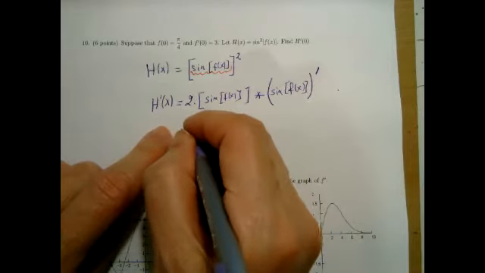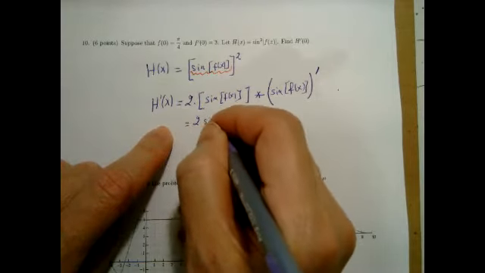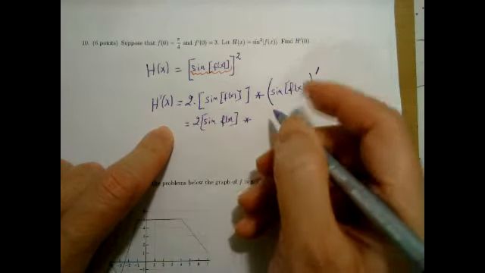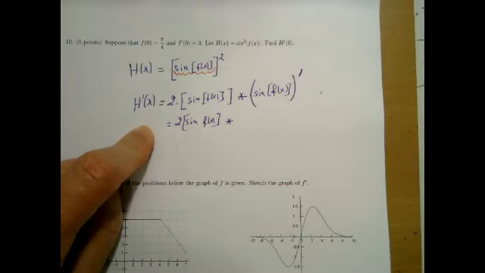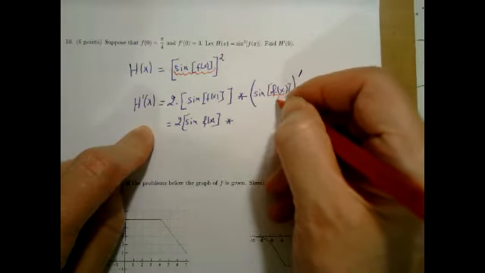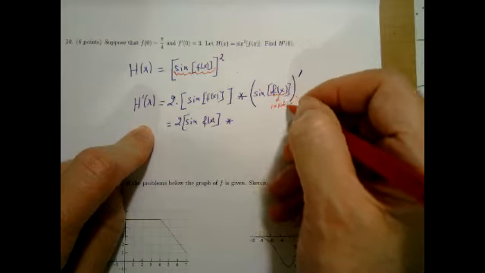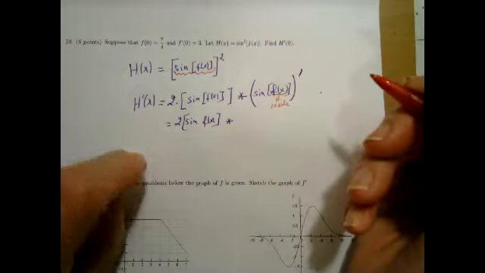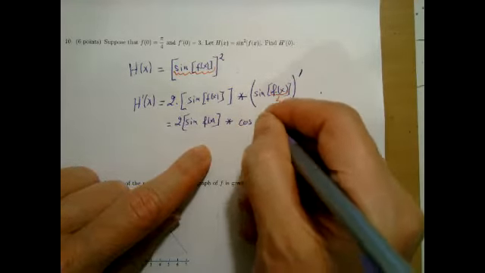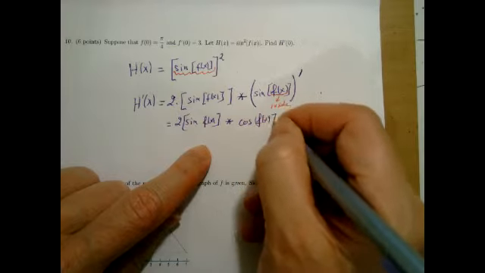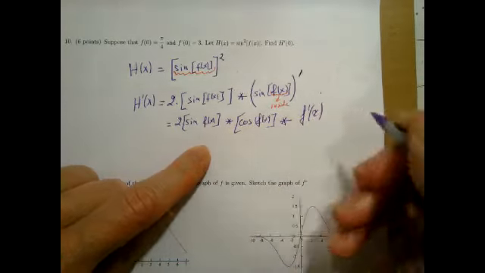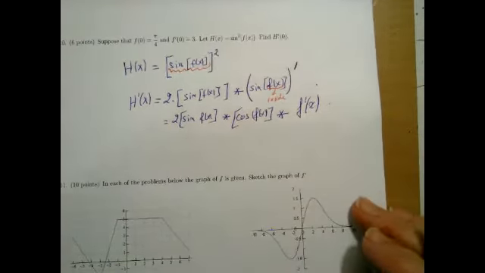It's equal to 2 times the sine of f of x times. Now what's the derivative of sine of f? Again, we have an inside. That's my inside function. So I have the sine of something. So the derivative is going to be the derivative of the outside, which is the cosine of f, times the derivative of the inside. That's the chain rule over and over and over.